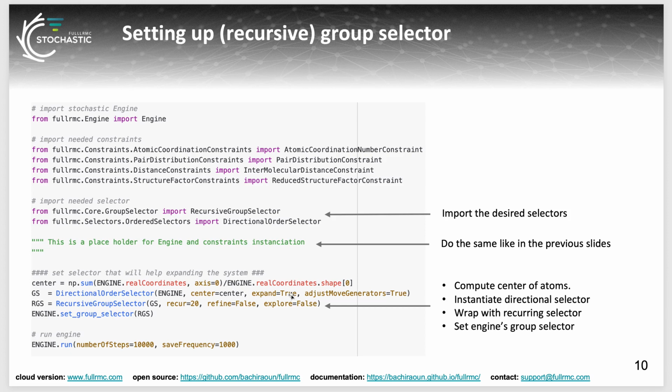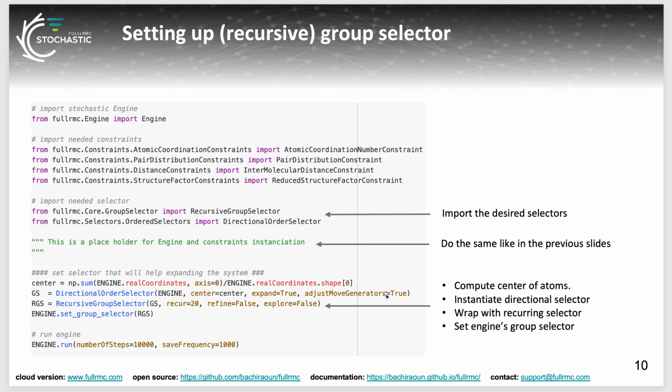I'm telling it to expand, which means, when you read the documentation, it's going to be selecting groups from the outer layer down to the inner layers. And then I'm also telling it to adjust the move generators for each and every group. What that does, it will automatically change the move generator for the groups to a combination of rotations and translations that will expand the system away from the center. That's all it does.